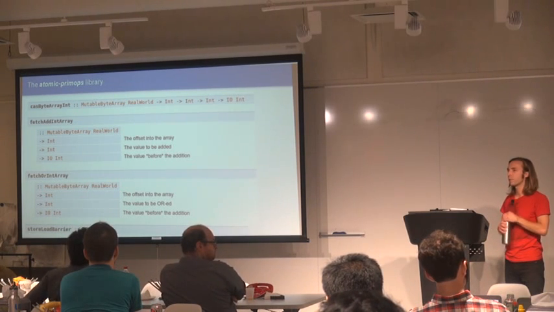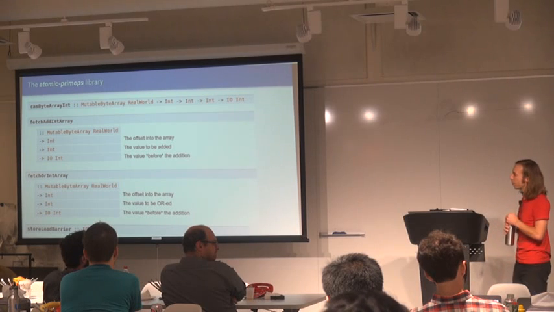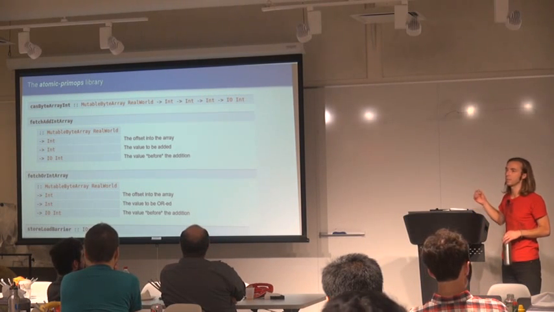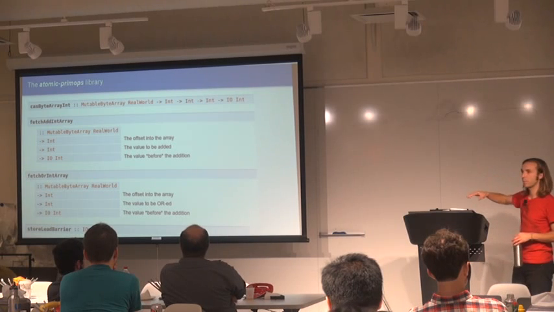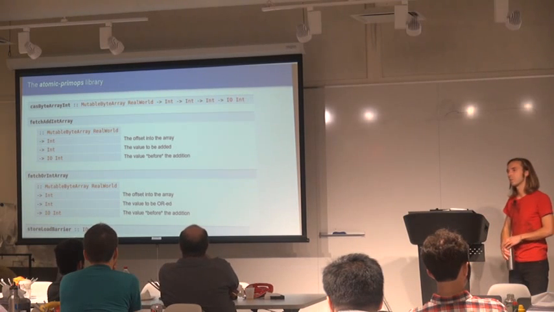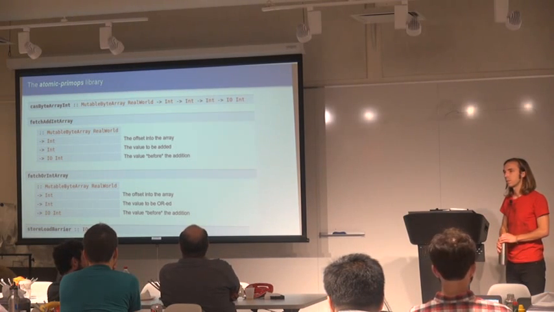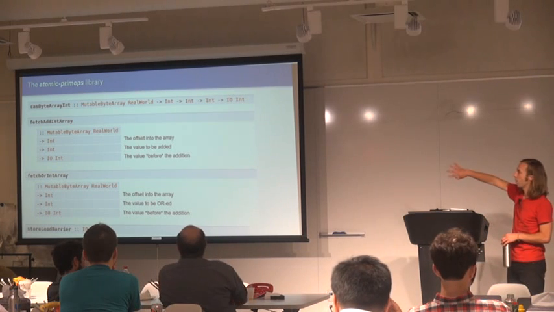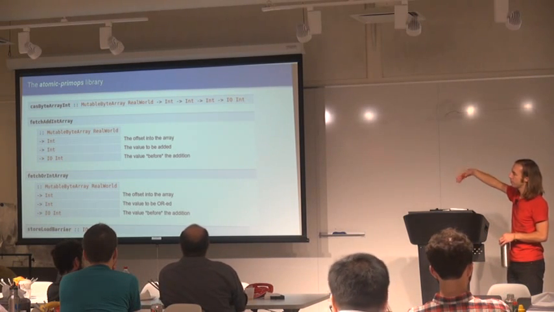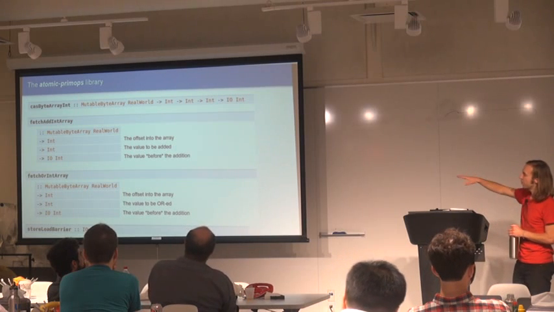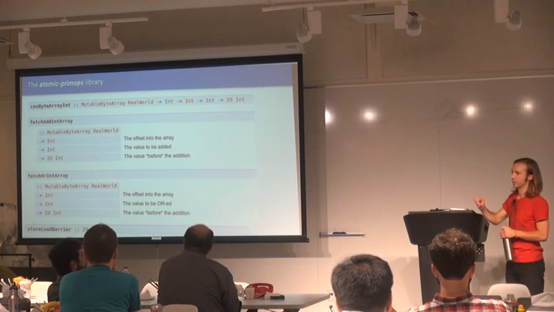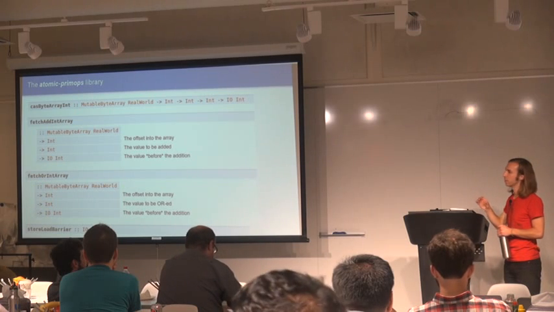It should work on the LLVM backend, but I'm not sure what architectures support this underlying primop. I think these will fall back to a compare and swap when it's not supported. So fetch add int array corresponds to an Intel atomic instruction.